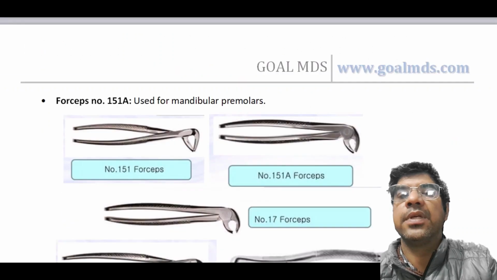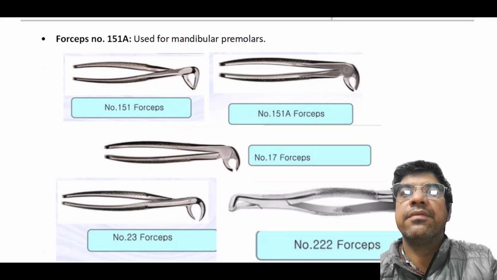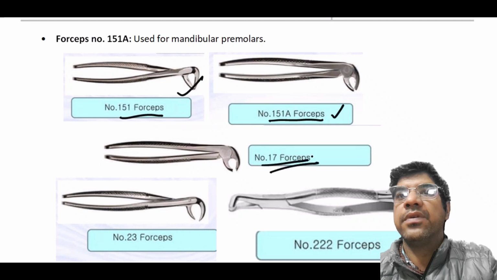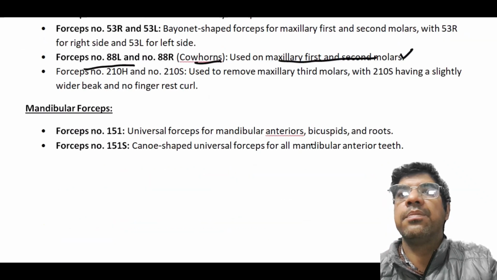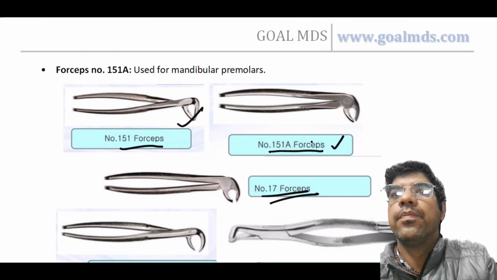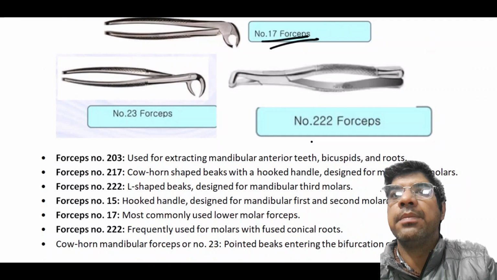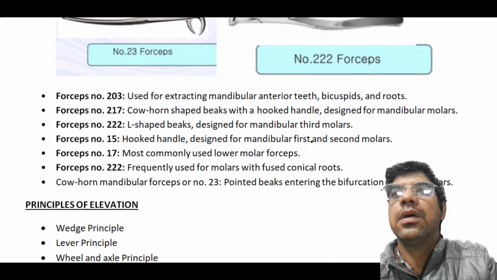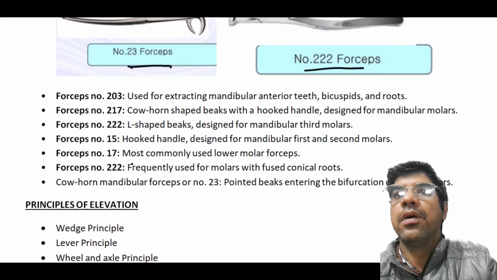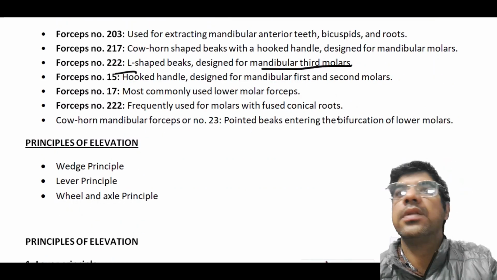So remember these forceps. For mandibular teeth, these are the forceps. We can use number 151 for the anterior teeth, 151A forceps, number 17 forceps. Number 23 forceps, number 22 forceps, and triple 2 forceps, which is used for the mandibular third molars.